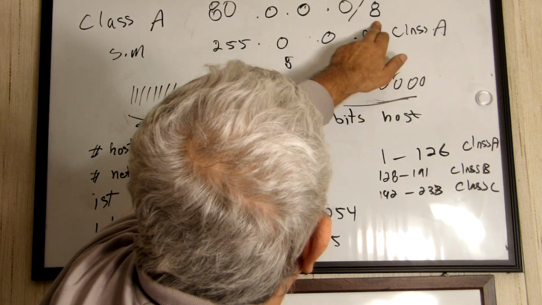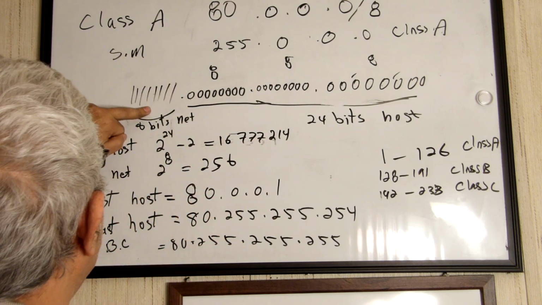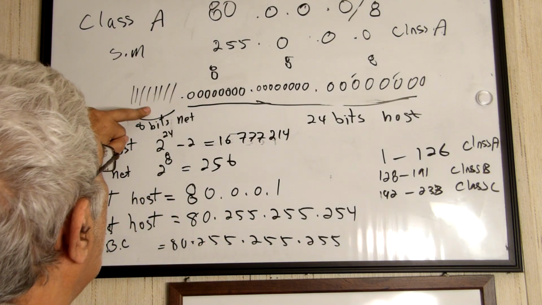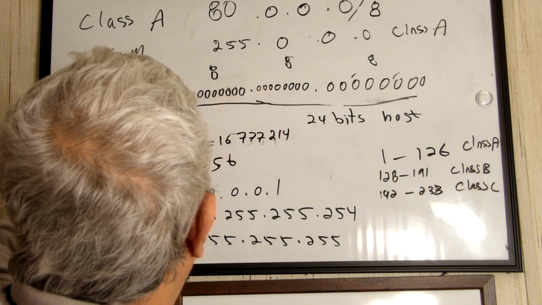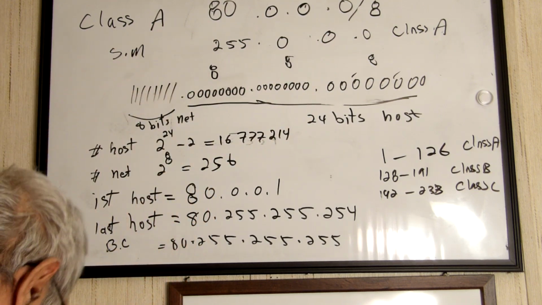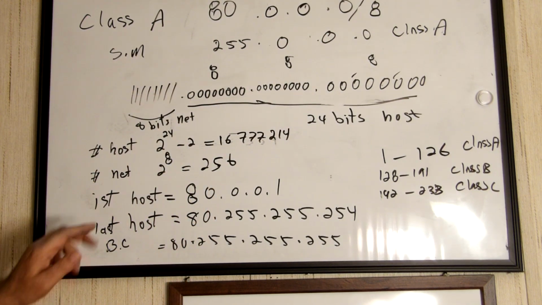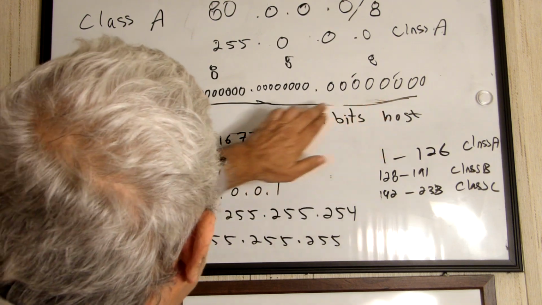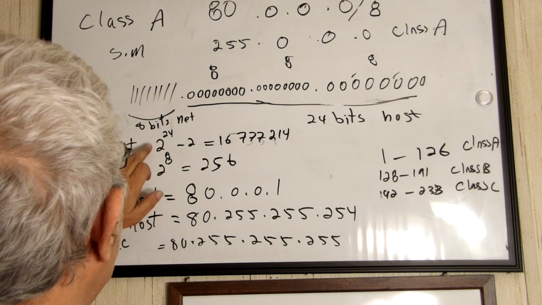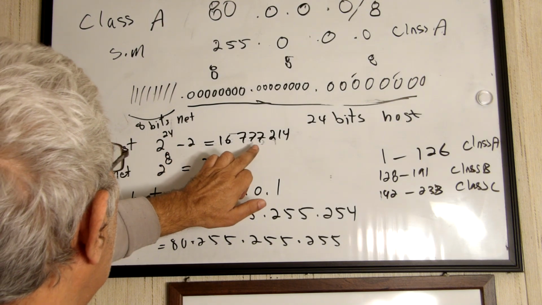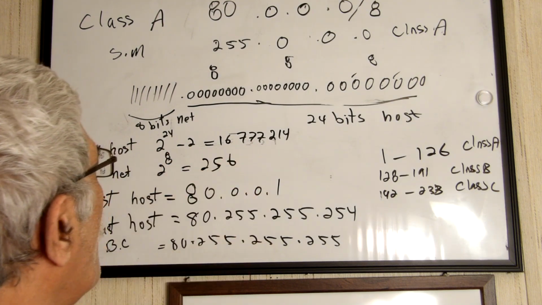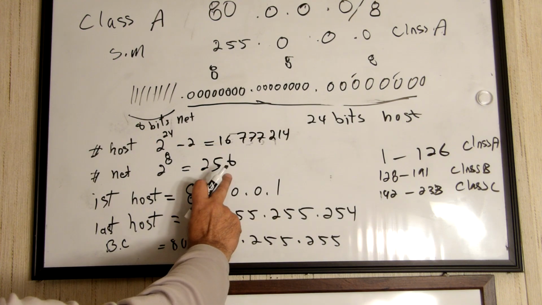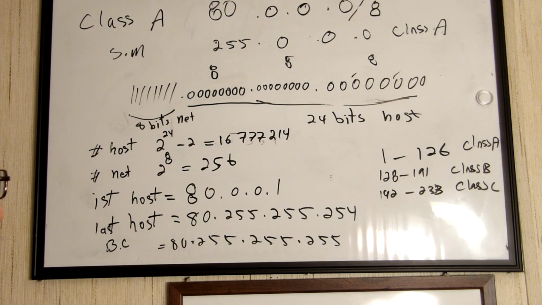You see 8 here, it shows the number of bits for network, I mean 8 ones. The host has 24 bits, these zeros are for the host bits. 24 bits is going to be this number of hosts. We have a lot of hosts here, but the number of networks is only 256.